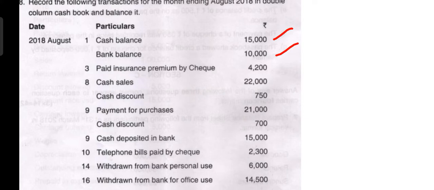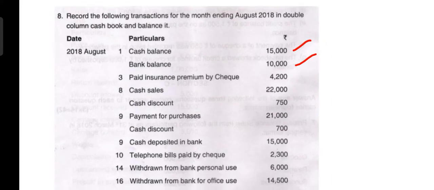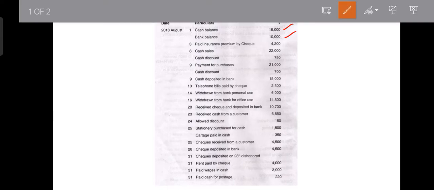Okay, and if you are making payment in the form of cash, record under payment side in cash column. If you are making payment in the form of check, record the same under payment side in bank column. Now here, paid insurance premium by check, rupees 4,200. This is one of the expenses we are paying.